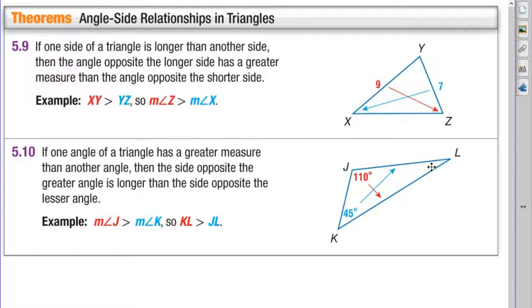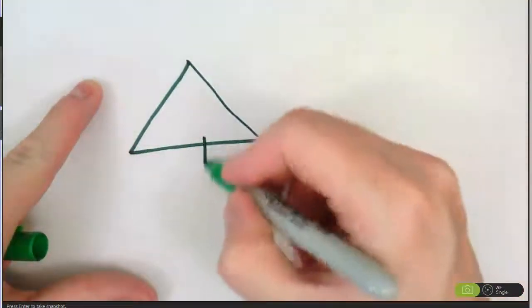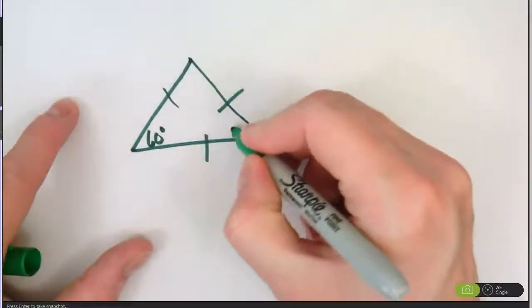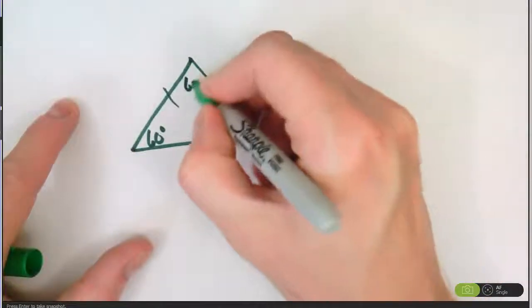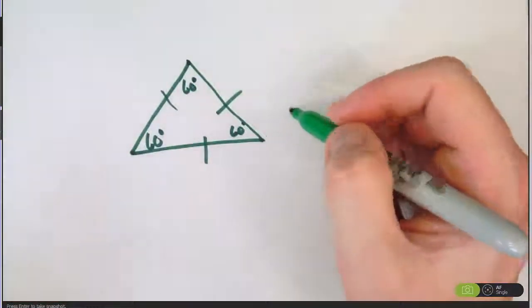Now, the easiest way to think about this, even though this isn't the true way to think of it, because we're going to have something called the hinge theorem, is to take an equilateral triangle for a moment. We know all the sides are congruent and all the angles are 60 degrees. That's from last chapter.